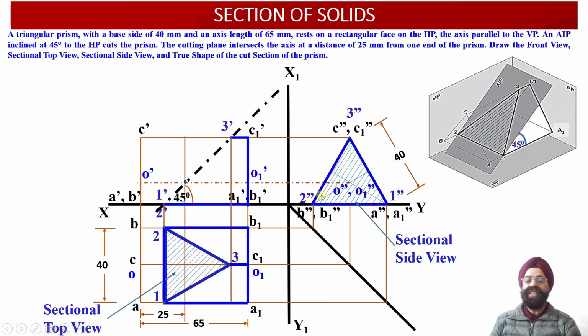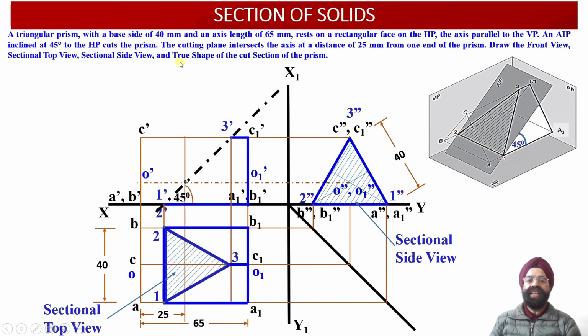Why do these projections happen to be apparent shape projections? Because this cut section is also inclined to the profile plane. So onto the profile plane we will not be able to obtain the true shape projections corresponding to this cut section 1, 2 and 3.